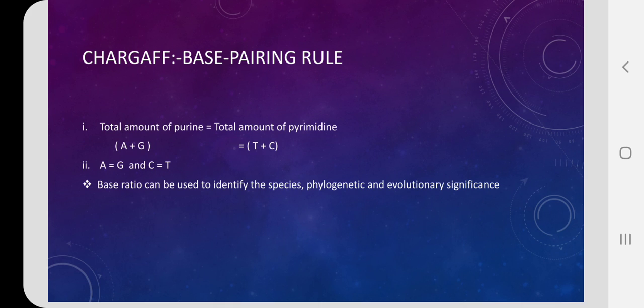It is similar for all living organisms, even bacteria, viruses, plants and animals. The total amount of purine is equal to the total amount of pyrimidine, and this is known as Chargaff's base equivalence rule.